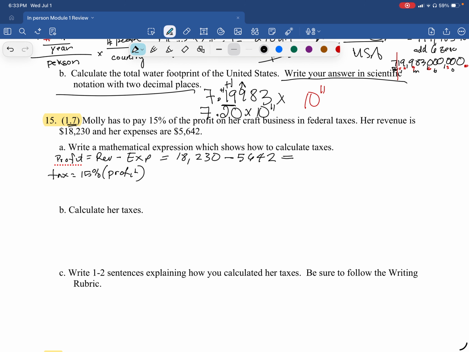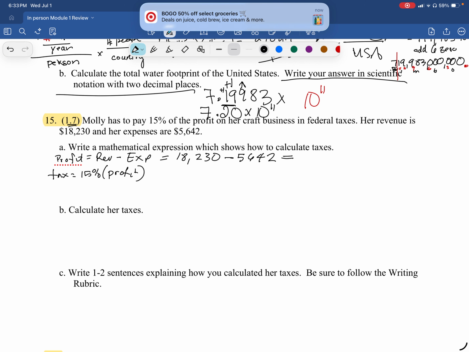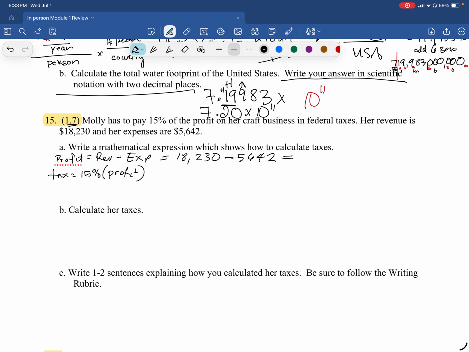Get my calculator out. 18,230 minus 5642. And we get 12,588. And so now we need 15% of 12,588, which is 0.15 times 12,588.